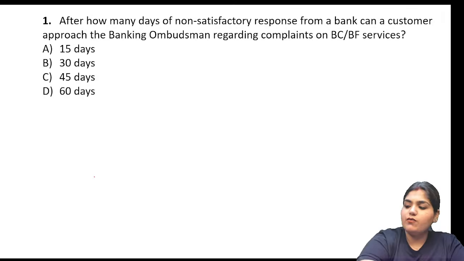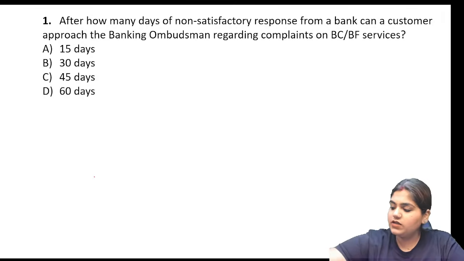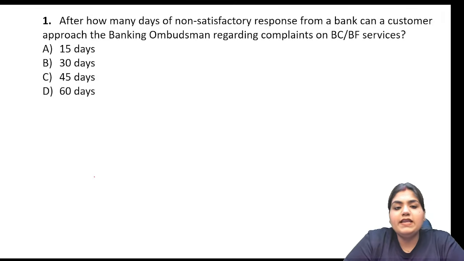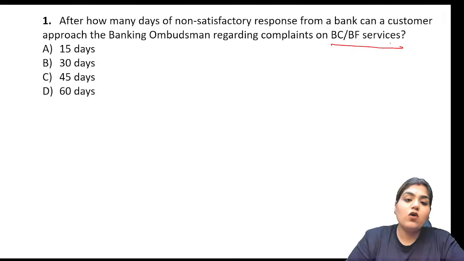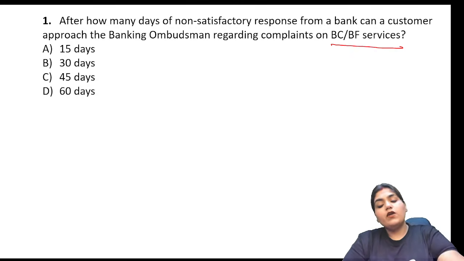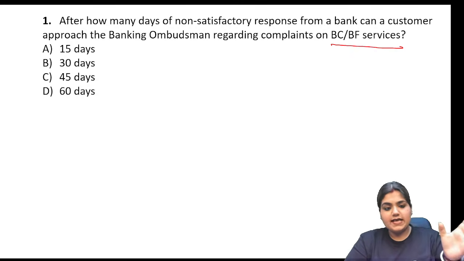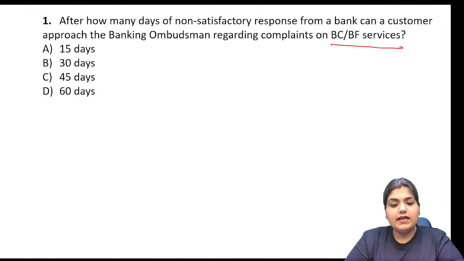Let's attempt question number 1. Question number 1 is on the screen. After how many days of non-satisfactory response from the bank can a customer approach the ombudsman regarding complaints on BCs and BFs? We can reach out to the ombudsman only after 30 days. The rule is 30 days.